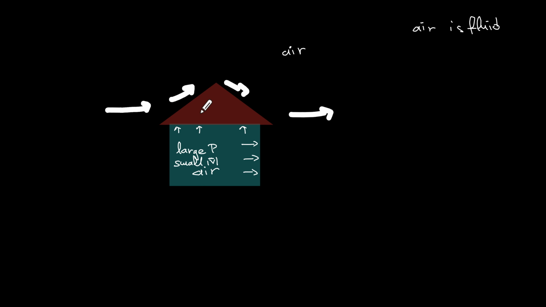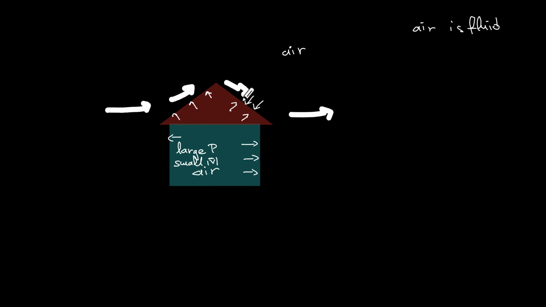Small speed, large pressure everywhere. Now, assuming that the weather conditions are such that you also have a small speed outside the house, the pressure from outside to inside will also be large.